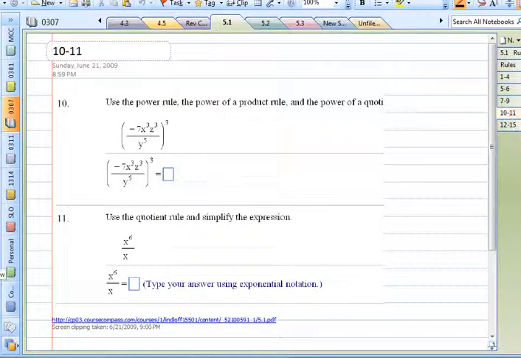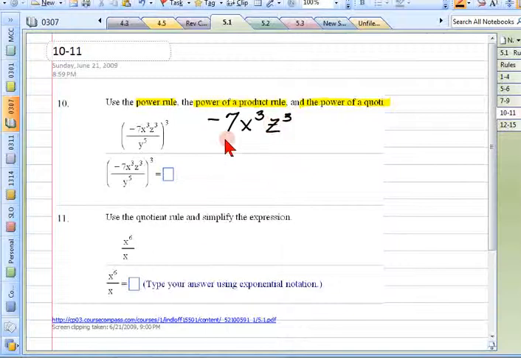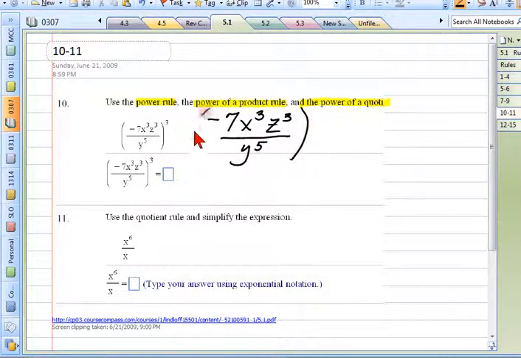Number 10, and I'll have to write this out for y'all to see at the back of the room. It says use the power rule, the power of a product, and the power of a quotient, and I cut off the rest of the instructions. All right, I have negative 7 x to the third, z to the third, over y to the fifth, all raised to the third power.